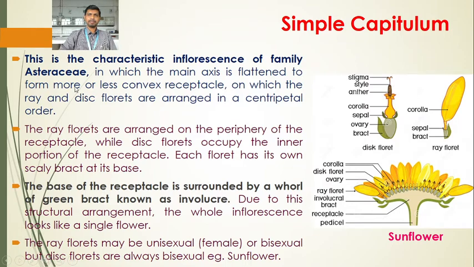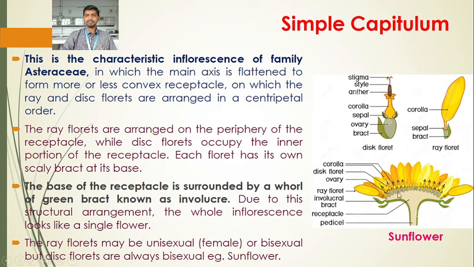So simple capitulum or head inflorescence is the characteristic of family Asteraceae, for example sunflower, in which the main axis is flattened to form a more or less convex receptacle on which the ray and disc florets are arranged in a centripetal order. So here two types of flowers, disc florets and ray florets, are arranged on a convex receptacle.